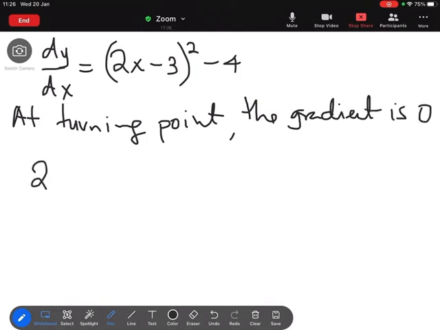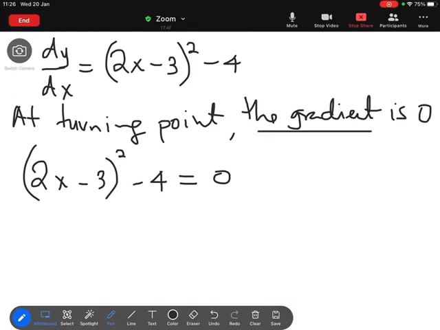So I will equate our gradient function, 2(2x minus 3) squared minus 4, to 0, attempting to find the value of x at the turning point.